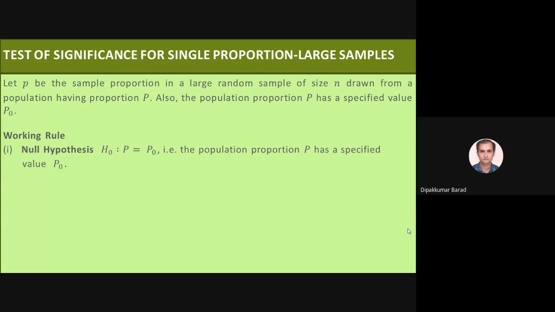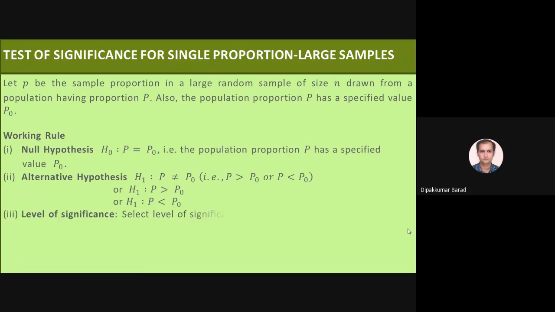After setting a null hypothesis, we set a complementary hypothesis, the alternative hypothesis. It means p not equal to p0, or p greater than p0, or p less than p0. So the alternative hypothesis might be a two-tail hypothesis or a one-tail hypothesis. In one tail, it might be a right-tail hypothesis or a left-tail hypothesis.